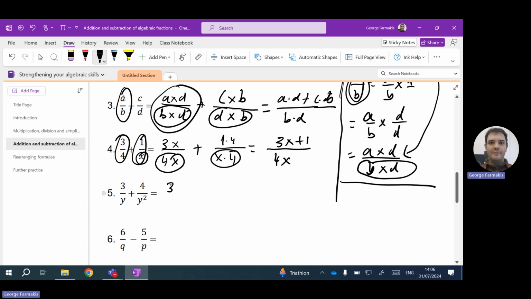So if in the first fraction I just multiply numerator and denominator by y, so y times y, and I leave the second fraction as it is, you see that now we have 3y over y times y, which is y squared. So I get the same denominator: 3y plus 4 over y squared. Okay.